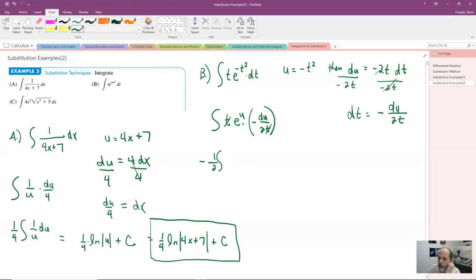That's my negative 1/2, and all I have left in here is the e to the u du. Okay, so now we know what to do. It's negative 1/2 e to the u plus c.